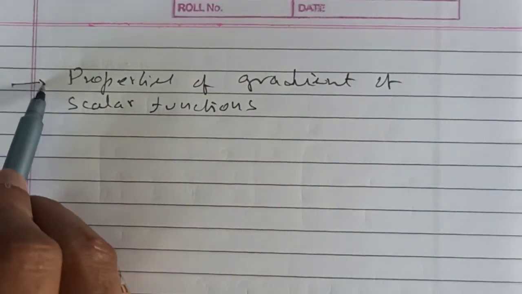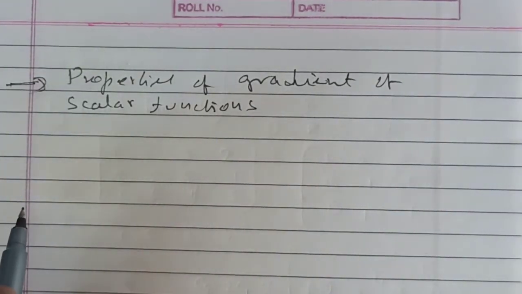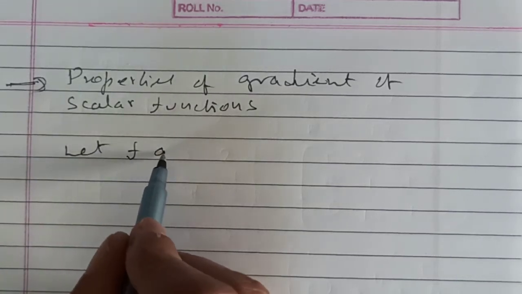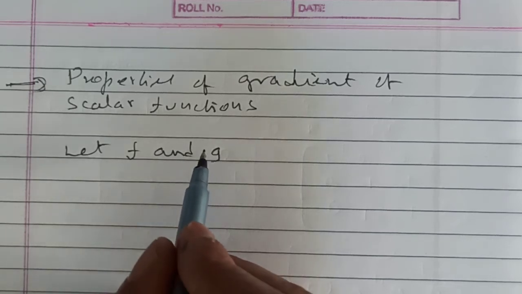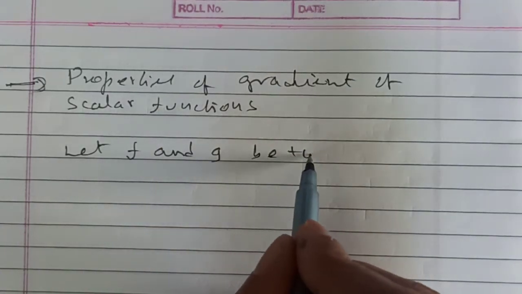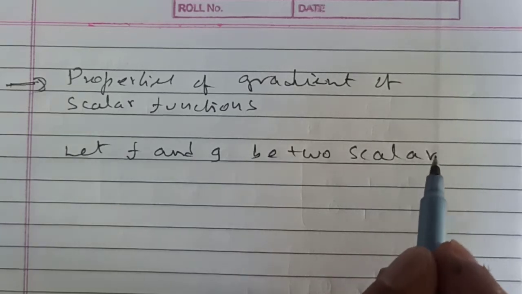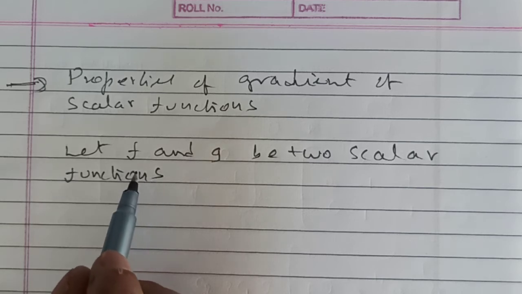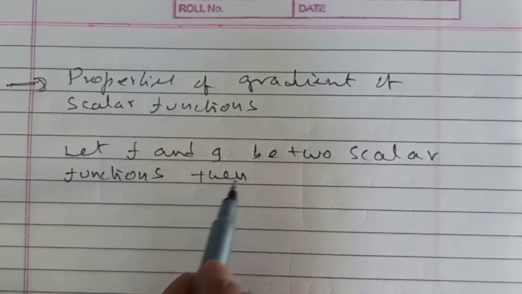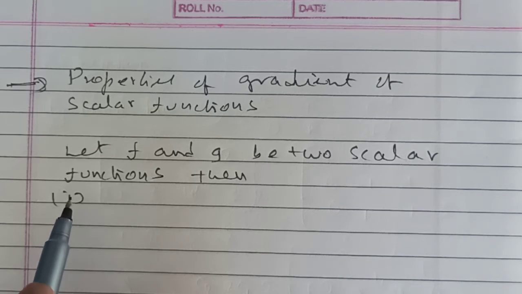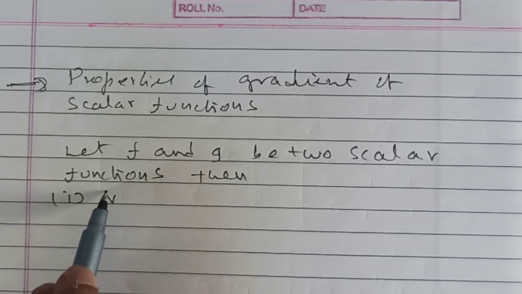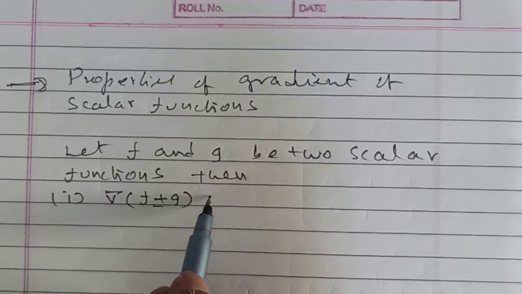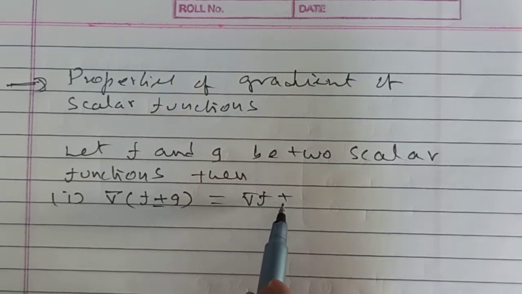Let f and g, in place of φ I will take f and g, be two scalar functions. Then the first property: del of f plus or minus g is equal to del f plus or minus del g.